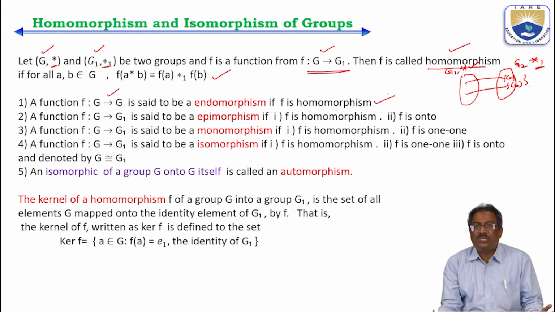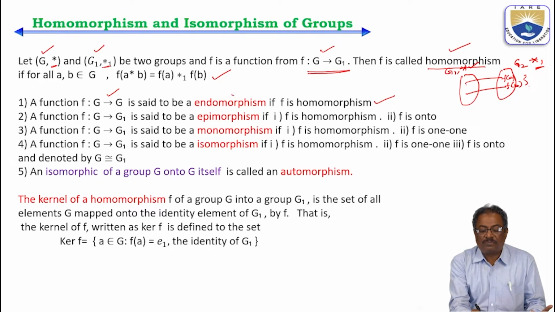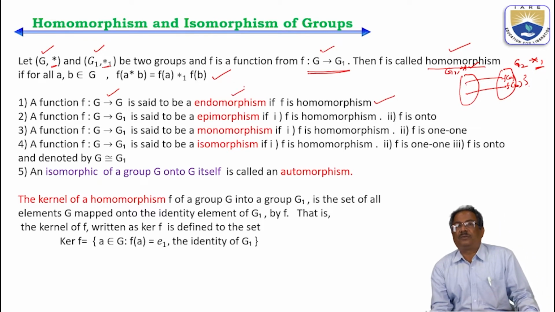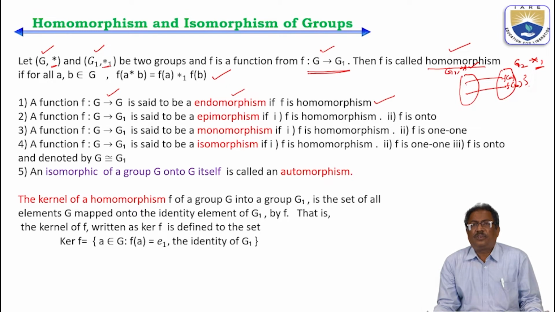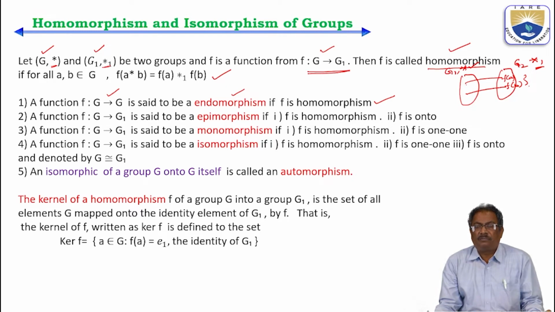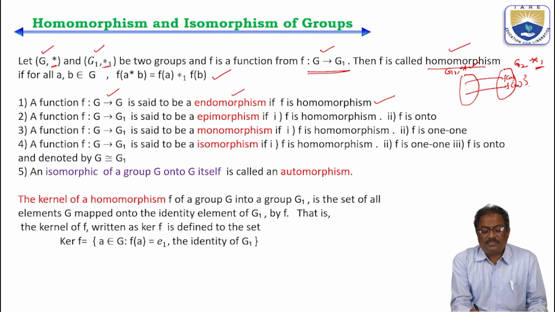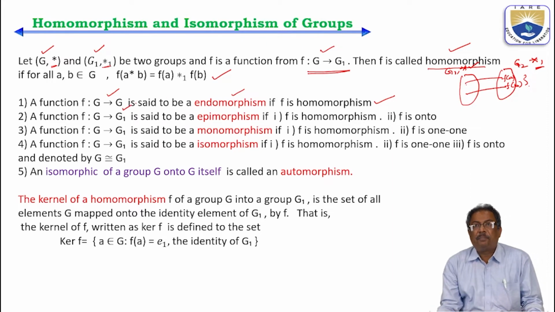Then that function we are calling an endomorphism. A function is said to be endomorphism if it is a homomorphism and defined from the group G to itself. Next, another one is a function said to be epimorphism.